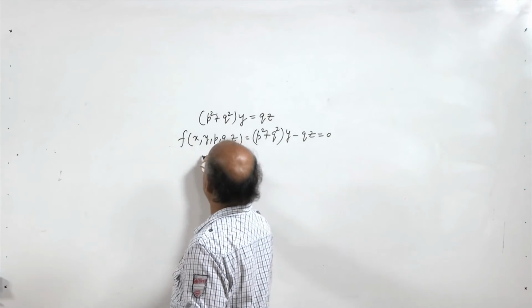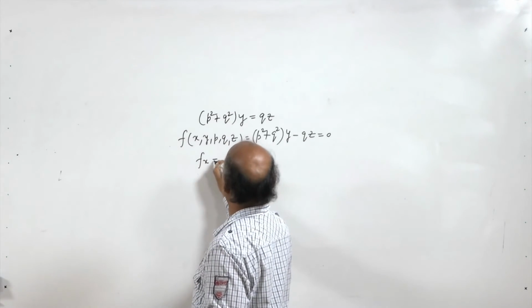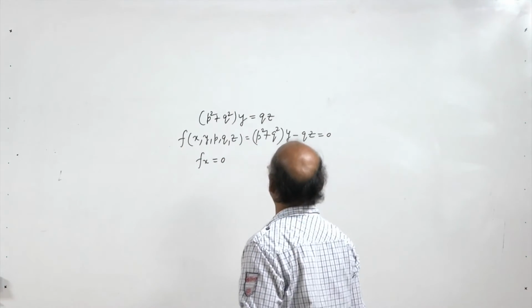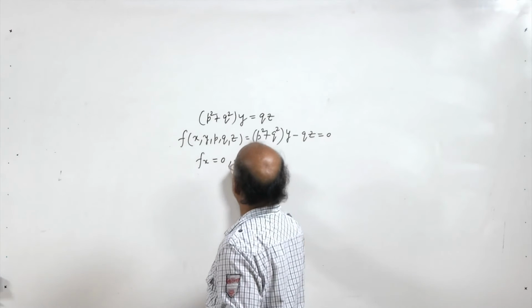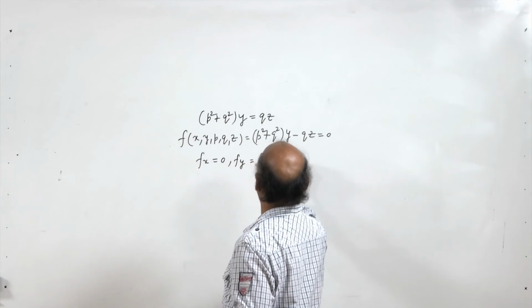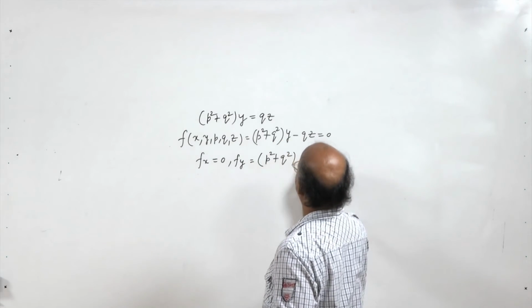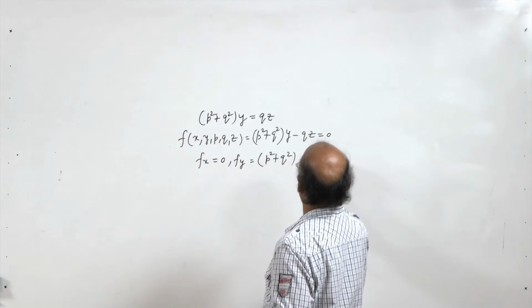We can find the partial derivatives. Partial derivative of f with respect to x is 0 because on the right hand side there is no x. Partial derivative of f with respect to y is p square plus q square. Partial derivative of f with respect to p is 2py.